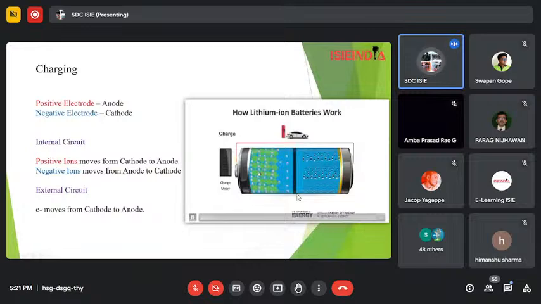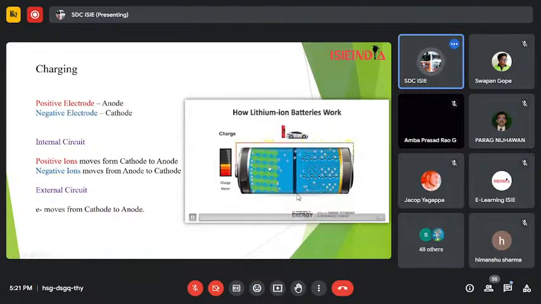This is the charging, right? So what's happening in charging? At the anode, the lithium ions are getting stored, as we can see, from cathode to anode.